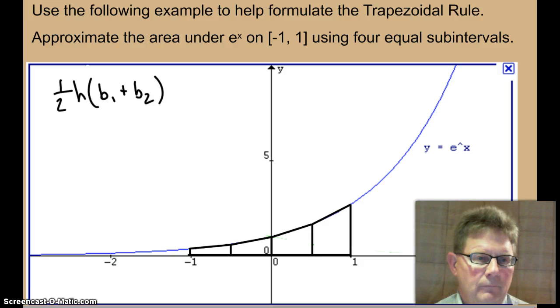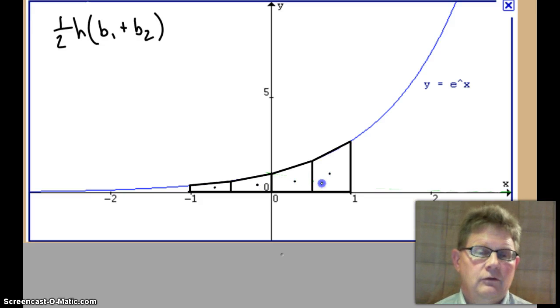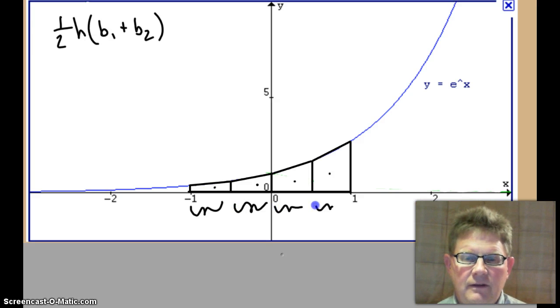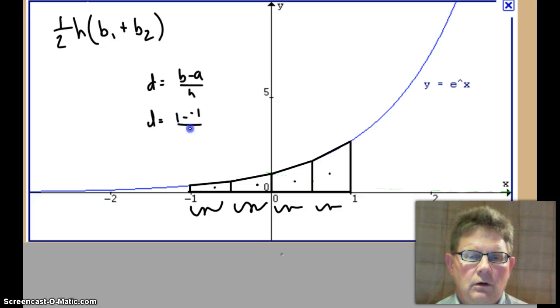So, looking at this beautiful trap, we've got 1, 2, 3, 4 trapezoids. The height is actually the D. And just like a Riemann sum, we need to find that D. So, D equals B minus A all over N. So D equals 1 minus a -1 all over 4.